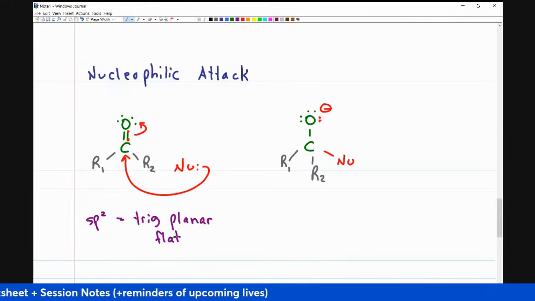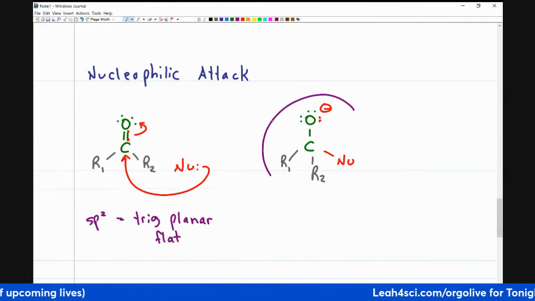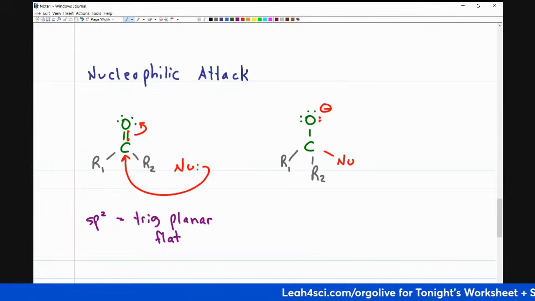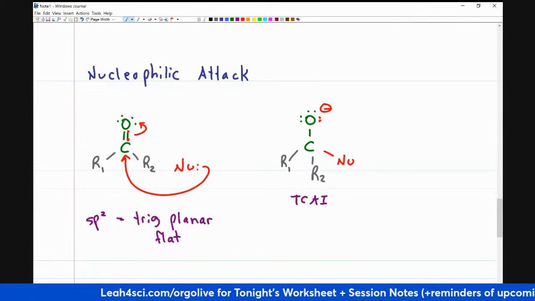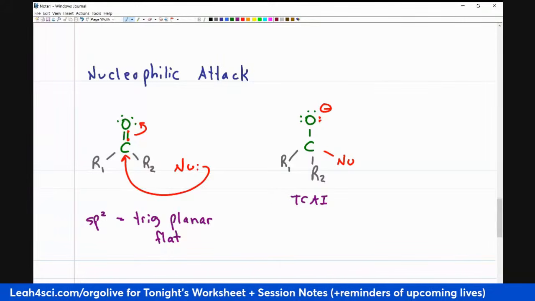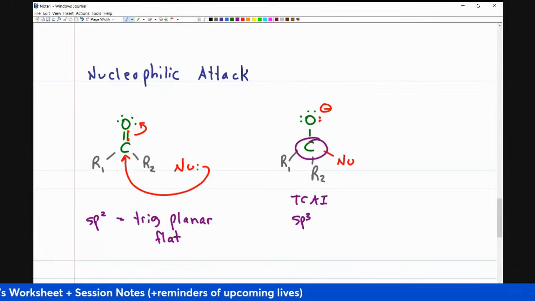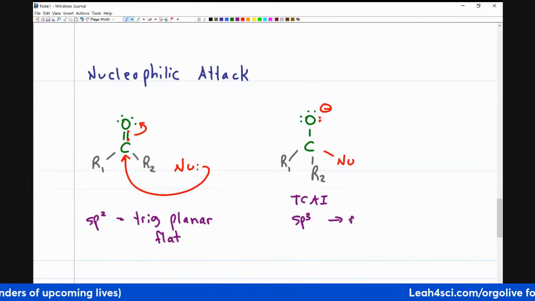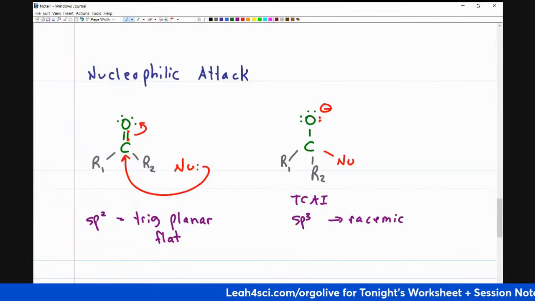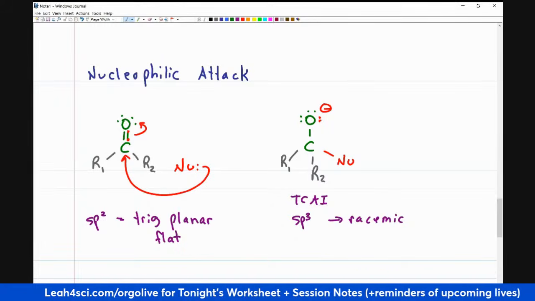And if it's flat, it can be attacked from the top or from the bottom. The resulting molecule here is typically an intermediate called the TCAI. Most professors don't require you to know it, but it's a tetrahedral carbonyl addition intermediate. This carbon right here is sp3 hybridized. And that means if chiral, it will be racemic because you could have had some of the attacks happen from the top, some of the attacks happen from the bottom. So you're going to get a mix of R and S.